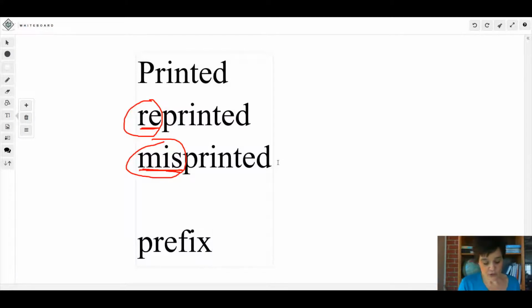If you'll look at page 93, there's a big, huge orange or brown box, whatever color that is, and there's a list of prefixes and what they mean, and then examples. For instance, the prefix en means in. An example would be enclose. The meaning of enclose is to close in.